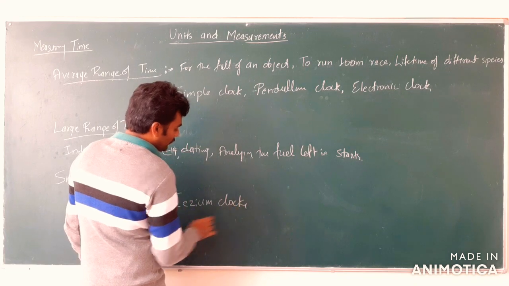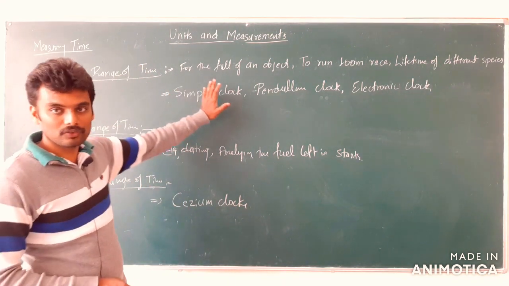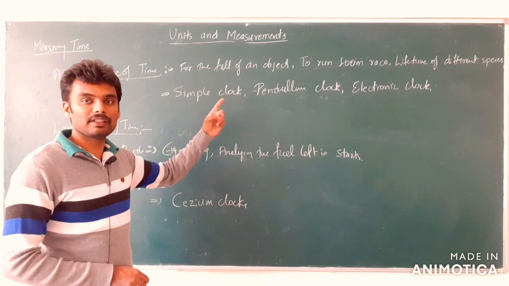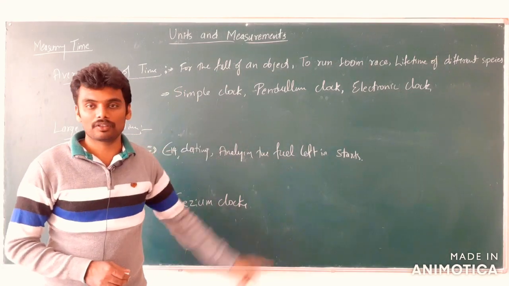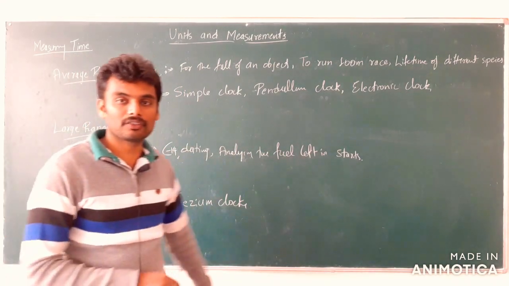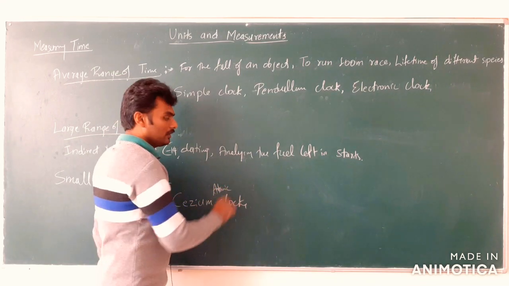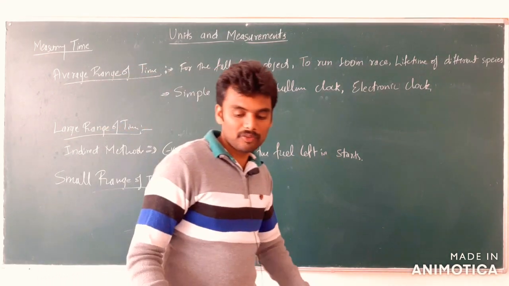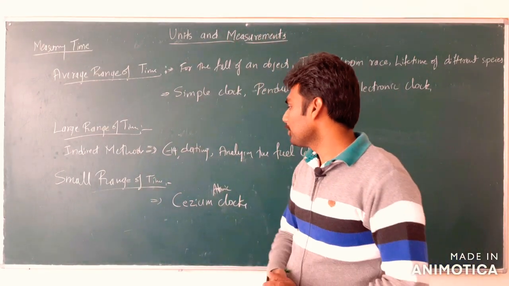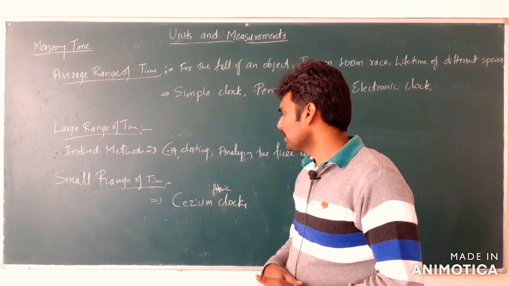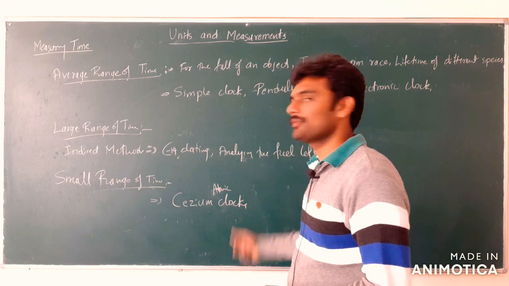Cesium clocks can also be used for average time measurement, that's also fine, but these are very advanced clocks compared to the others. Cesium atomic clocks give us the idea about very small amounts of time. So that is about the three ranges of time and their different measurements.